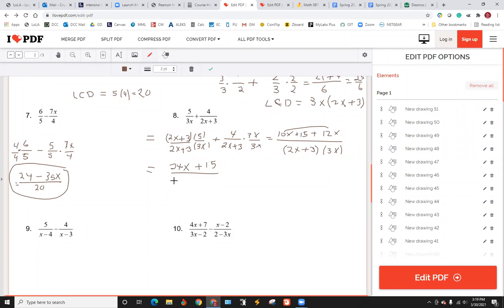Both of these are divisible by 3. And that's important to realize. This is a multiplier. This is a factor.